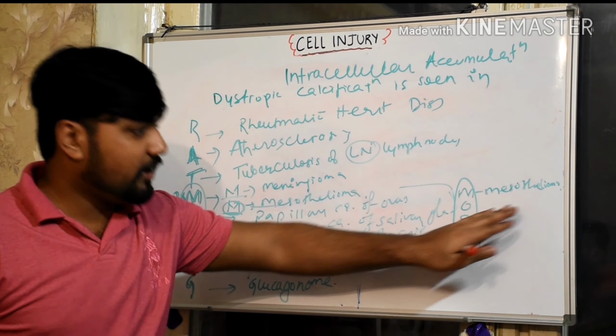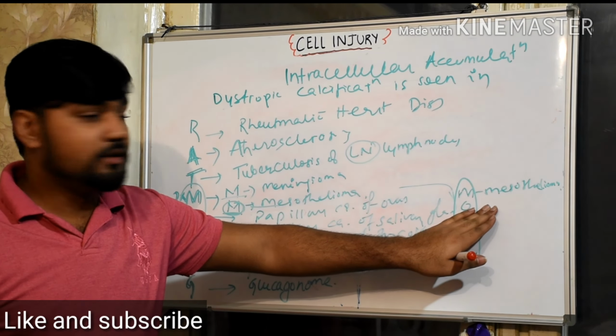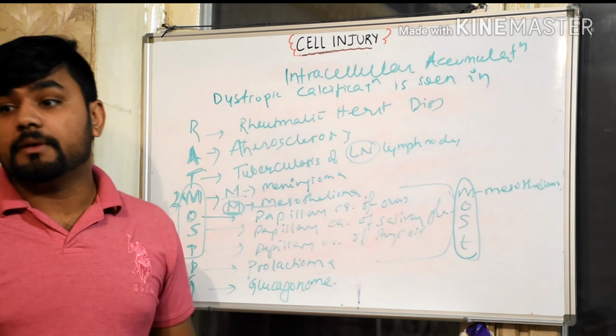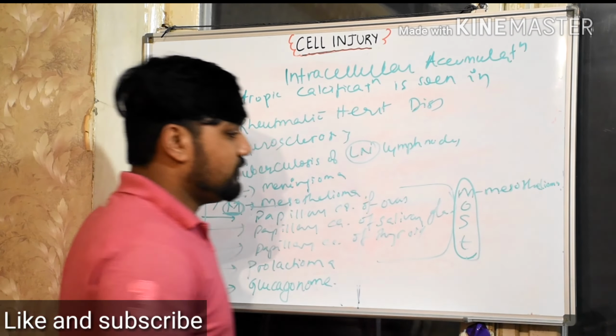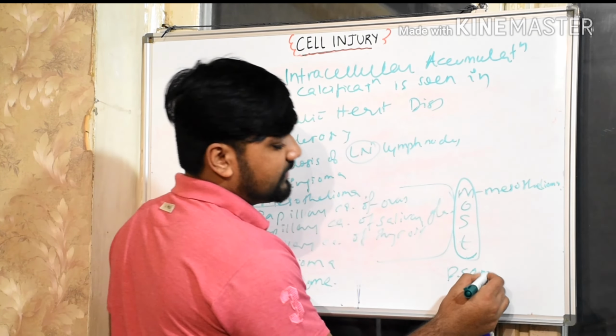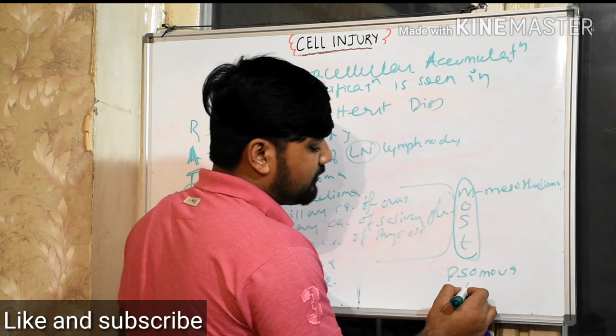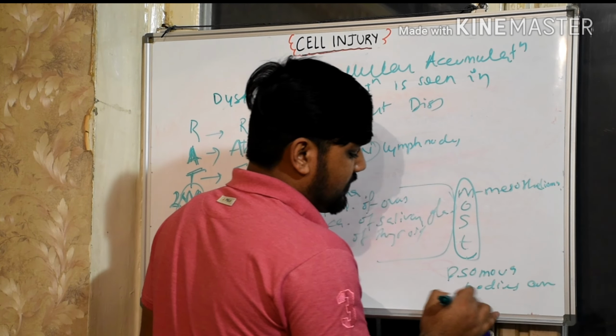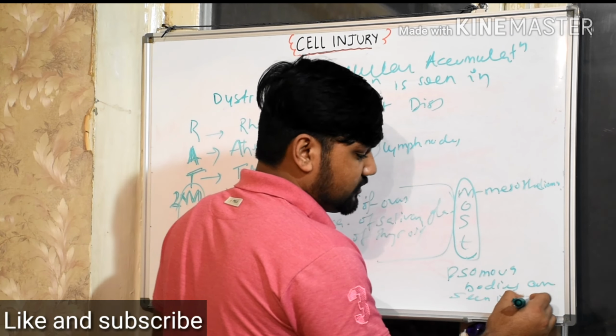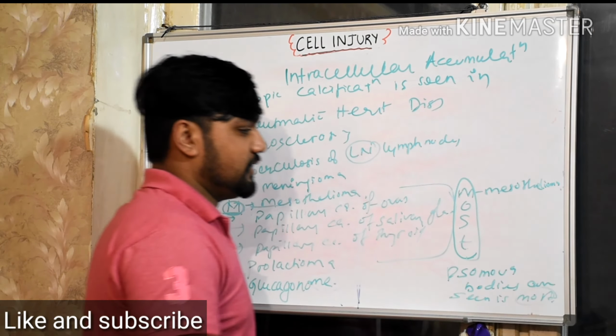MOST क्या होता है? Mesothelioma, papillary ovary cancer, papillary cancer of salivary gland and papillary cancer of thyroid. P psammoma का स्पेलिंग ये होता है, psammoma bodies are seen in MOST में सारा आ जाता है। ठीक है?